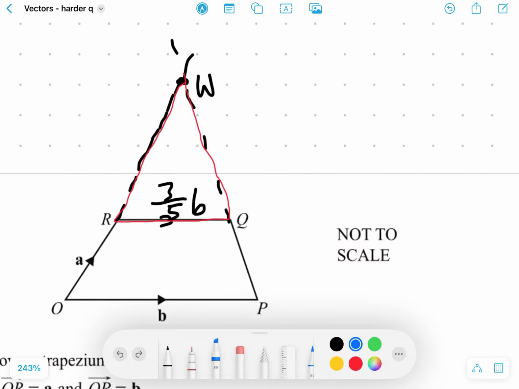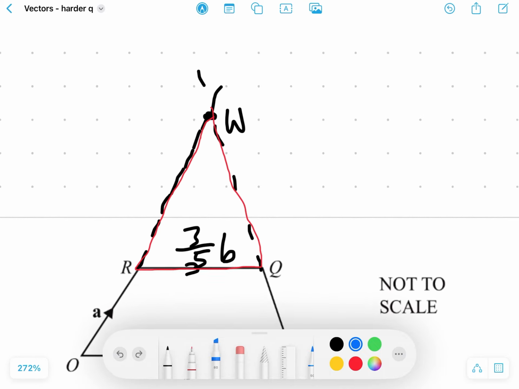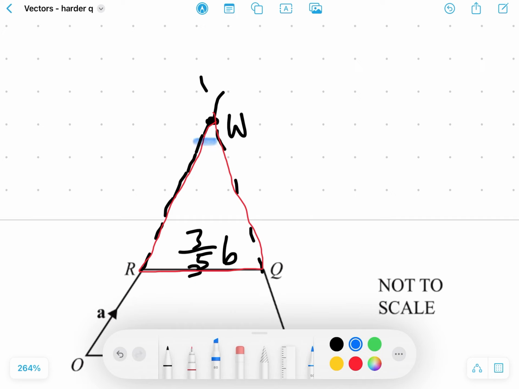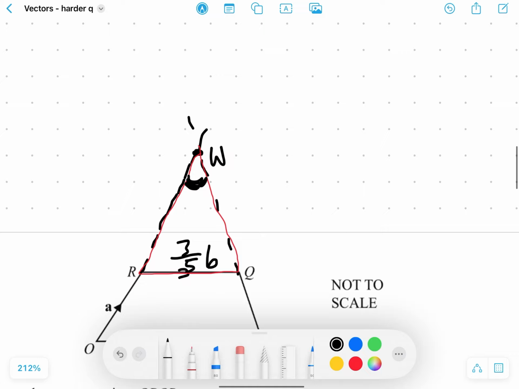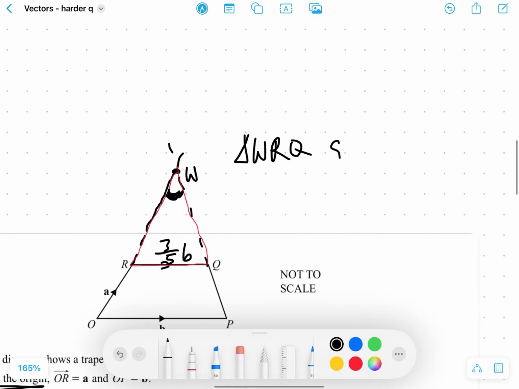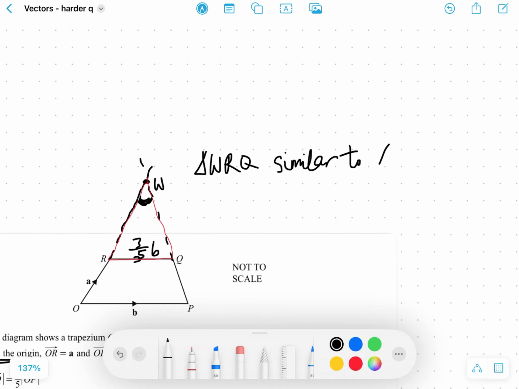It's similar because it shares a common point W, a common angle W. So it's W right here is common in both triangles. So what we're essentially saying is that WRQ is similar to triangle WOP.